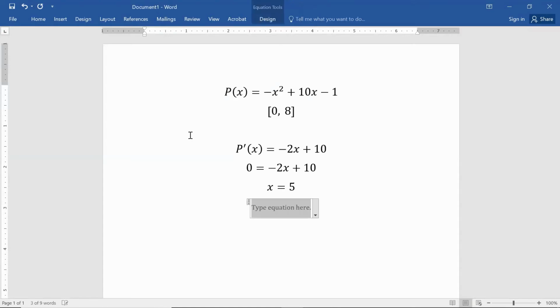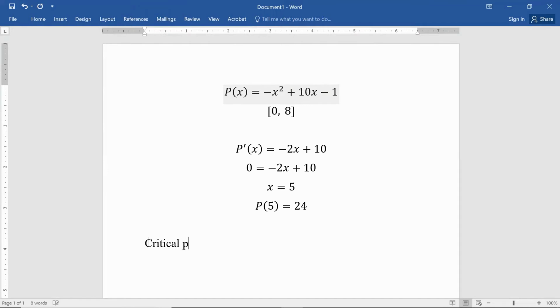If I plug 5 into my function, P of 5 gives me negative 5 squared plus 10 times 5 minus 1, which is 24.